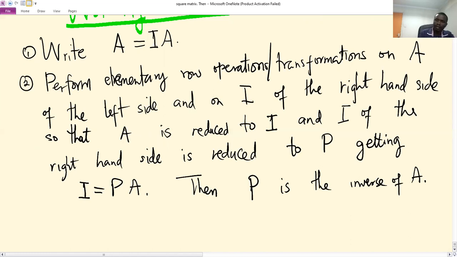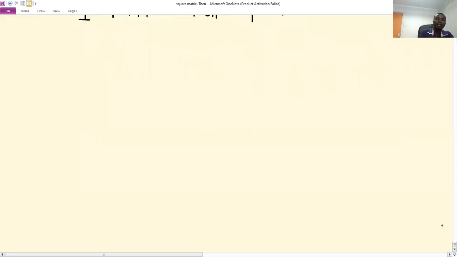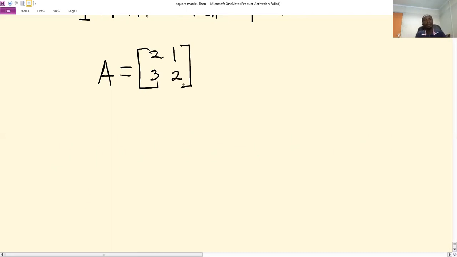Now let's illustrate that in the problem at hand. We have the matrix A given by 2, 1, 3, 2. This is how we write it. For the solution, you write A and then separate by a line or a dotted line from I, where A is the square matrix and this identity matrix is dependent on the size of A. If A is 2 by 2, then it will be 2 by 2.